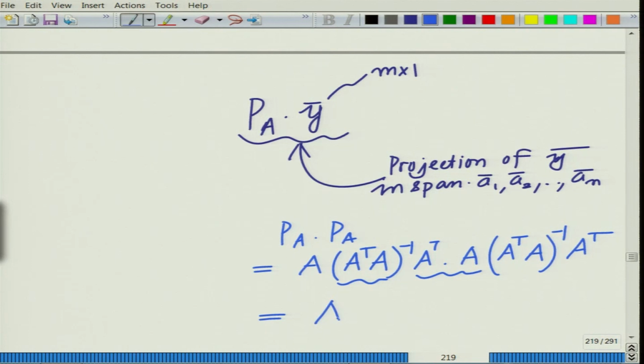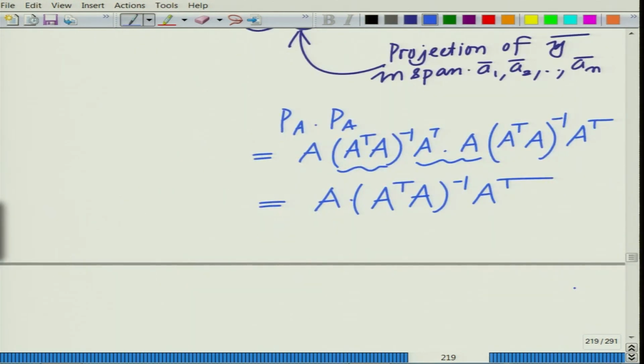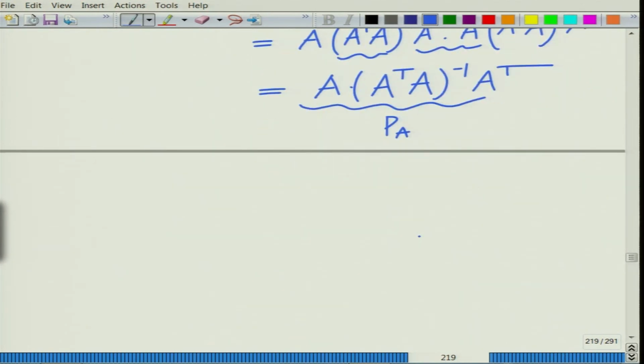So, this reduces to A (A transpose A) inverse A transpose, and this is nothing but P of A. Therefore, this satisfies the property P of A into P of A equal to P of A.